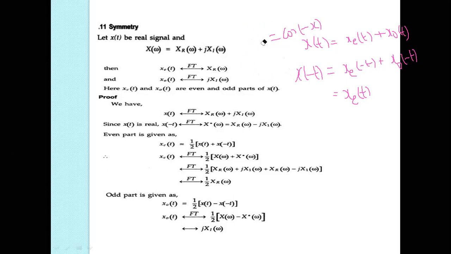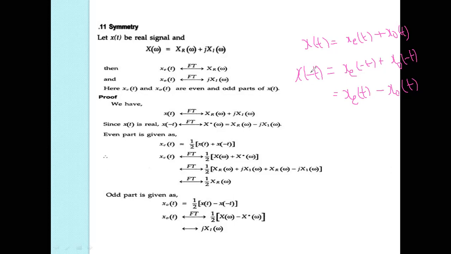So we already know even and odd functions. For negative values, the even function gives the positive value; for the odd function it is minus of xo of t. I am not putting a minus there because it is already an odd function.